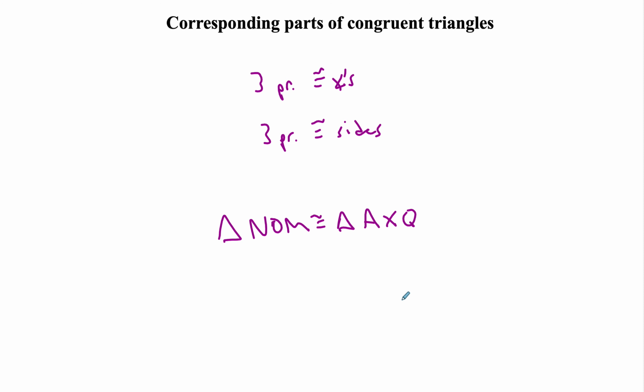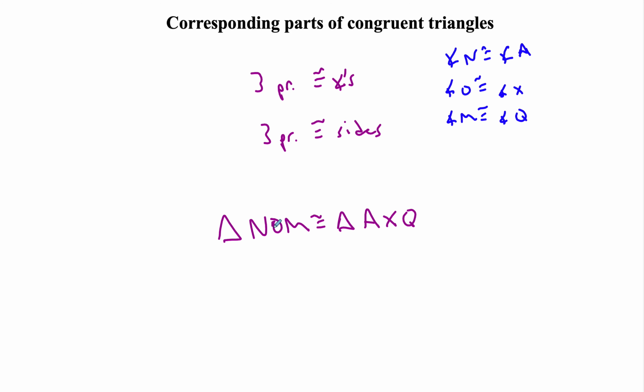Could you list off everything? Well, we know that angle N is one of the angles, angle O, angle M. What do they correspond to? Well, N is first, so it must correspond to angle A, and therefore we know that they're congruent. Same with angle O, it corresponds to X, the second letter, and then angle M to angle Q.